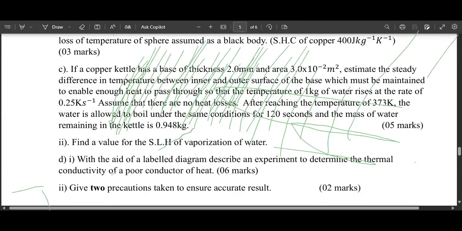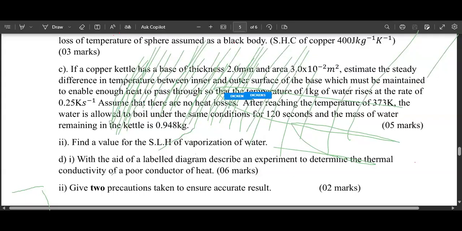And they want us to come up with delta theta, that is the difference between the outer and the inner surface of the kettle. So we substitute in here.